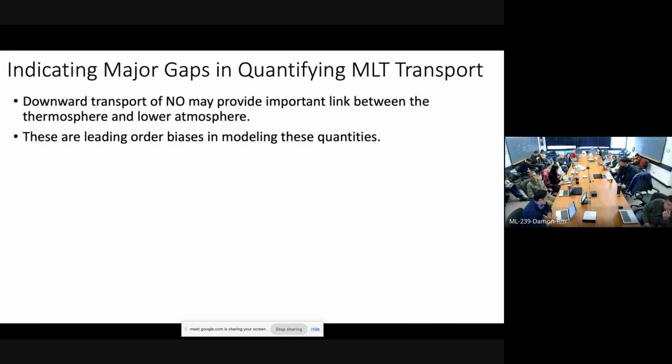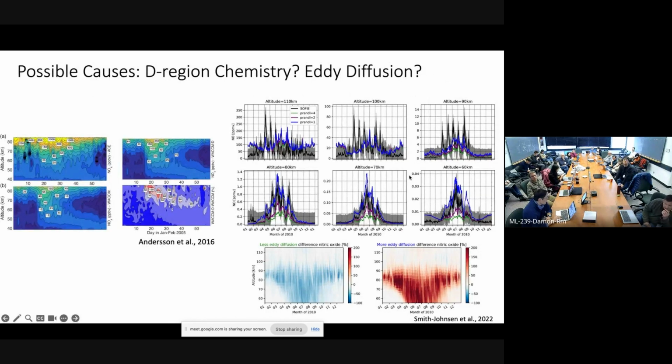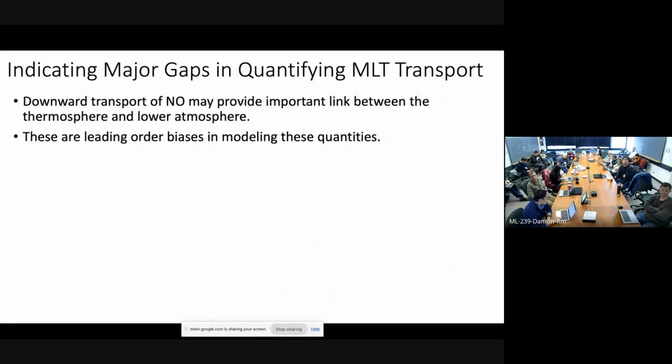So anyway, these are more or less a parametric study, looking at certain factors and how they may affect the nitric oxide. And so it clearly indicates that we have some gaps in our understanding of nitric oxide.